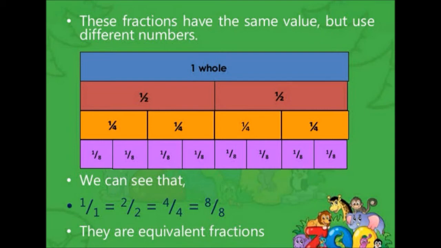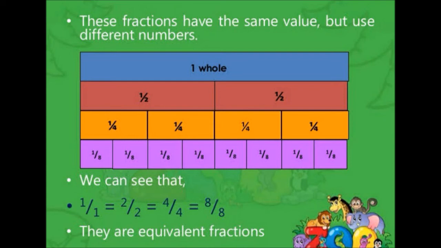Next, each 1 by 4 has been subdivided into 2 parts, that is 1 by 8 and 1 by 8. So everything is subdivided as 1 by 8. Now we can see that the first one is 1 by 1, the second one is 2 by 2, the third one is 4 by 4 and the last one is 8 by 8.